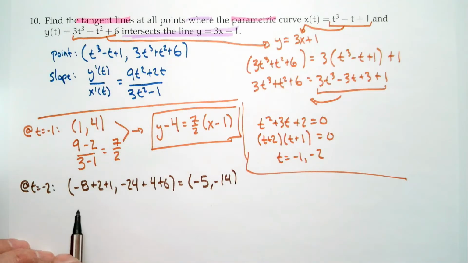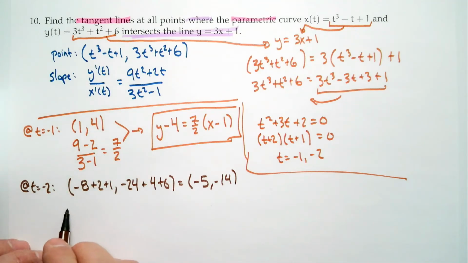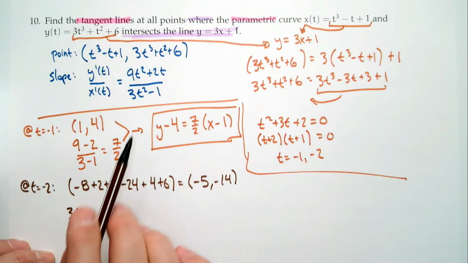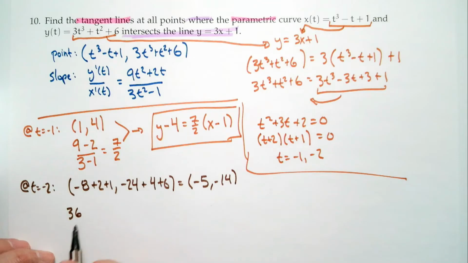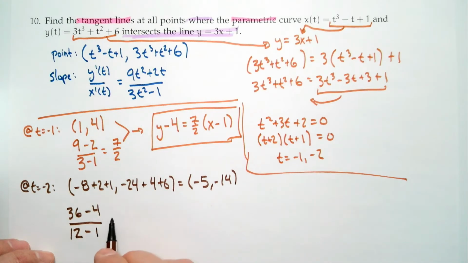Our slope, well, 9 times -2 squared, 36. 2 times -2, minus 4. Downstairs, 3 times -2 squared, 12, minus 1. So that's 32 elevenths.